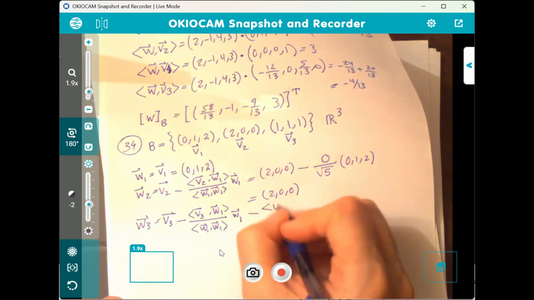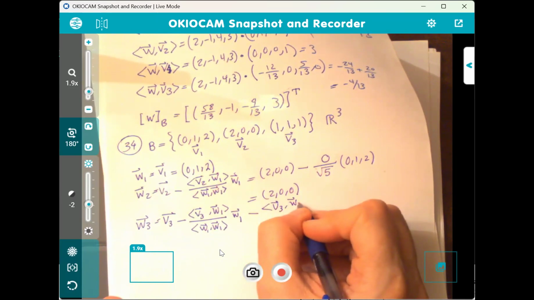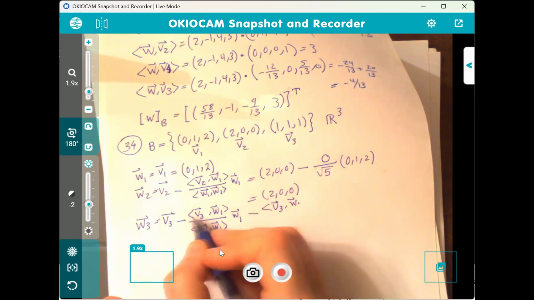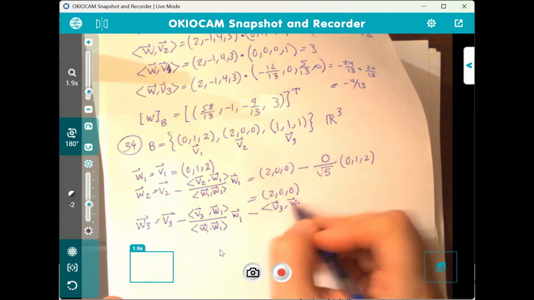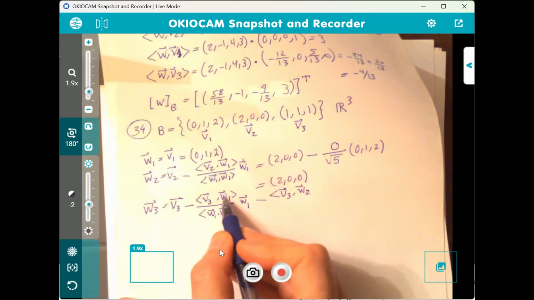Minus, again, this fraction is the projection of V3 onto W2. First one, projection of V3 onto W1.